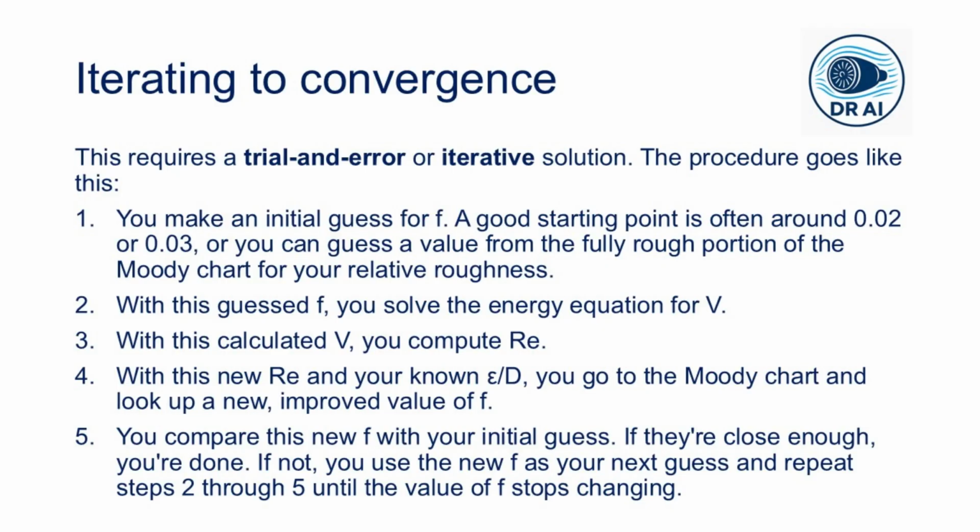This is called iterating to convergence. In example 8.10 also, they start with a guess of friction factor equal to 0.019, calculate the velocity, get a new value of f of 0.022, and then iterate again until it stabilizes. This is a fundamental skill for any engineer. You will do this often.